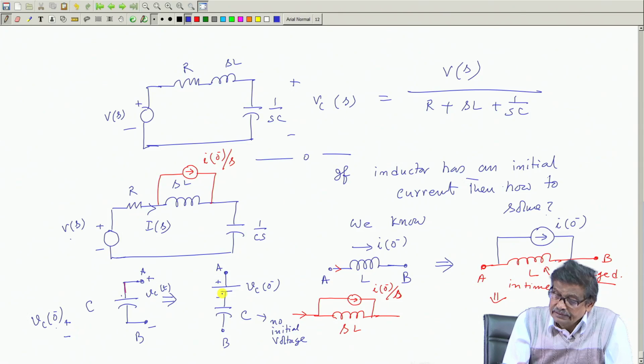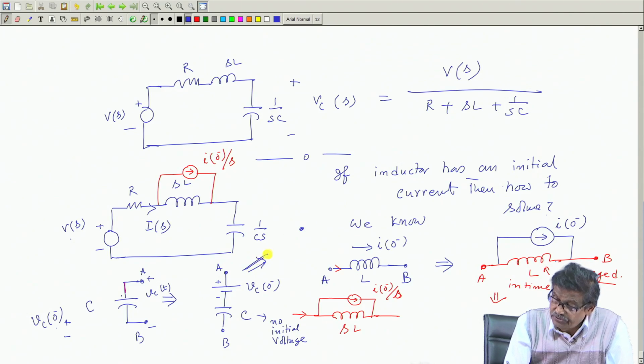If this capacitor has also got some initial voltage in this example, then what should I do? In S domain, how will this look?